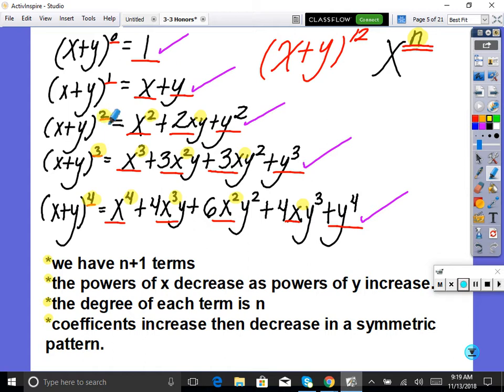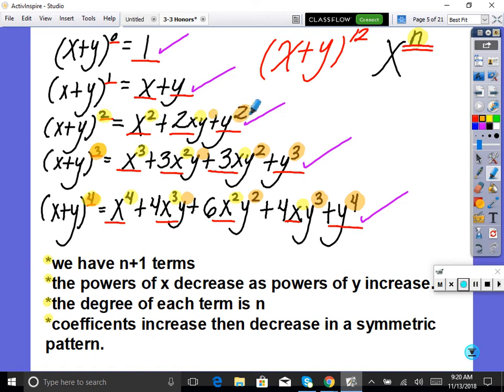That will always happen. Now as that's happening, what's happening with our powers of y? They're going up. This is y^0, y to the first, second, third, and it ends on the degree. Once again, y^0, y^1, y^2, and done.